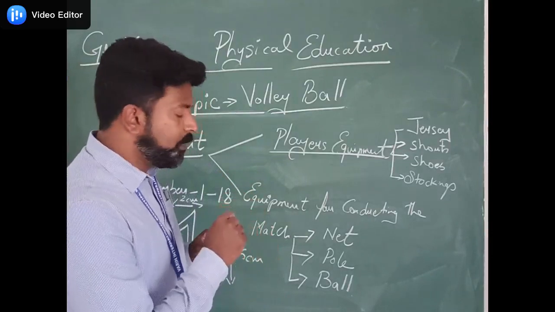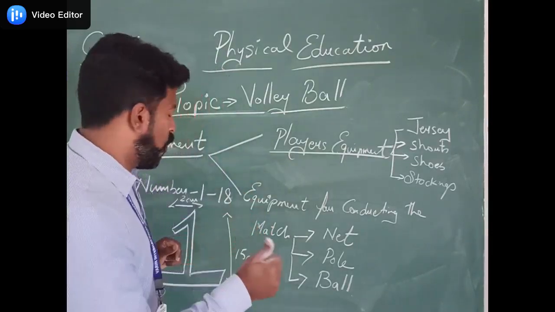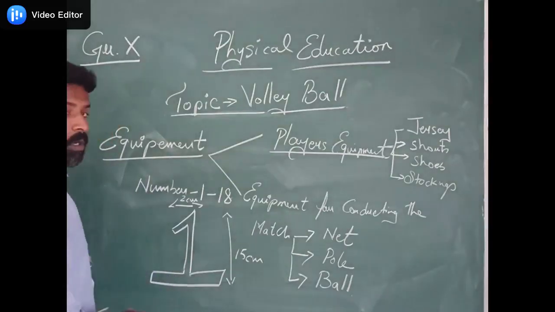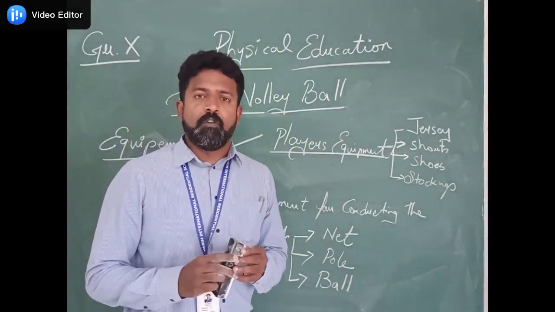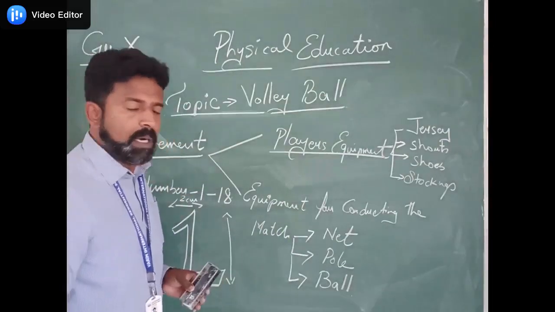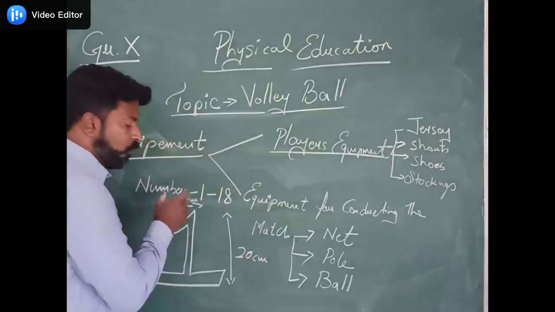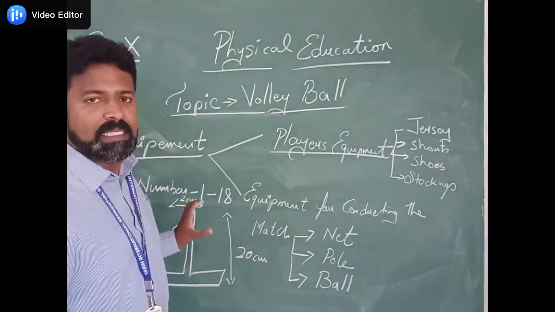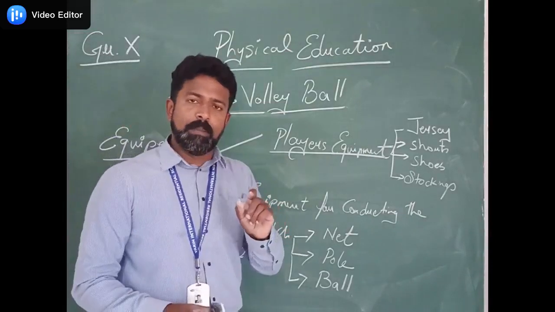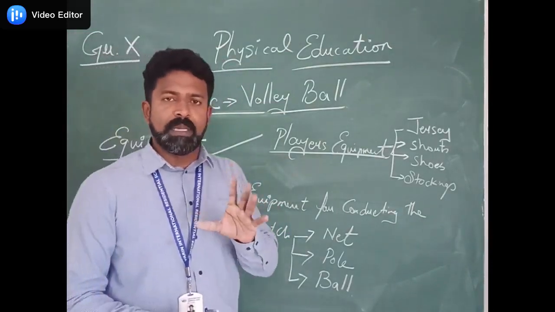Next, the number is also printed on the back of the player's jersey, so the measurement varies. On the back, the height of the number will be 20 centimeters, and the width remains the same, 2 centimeters.